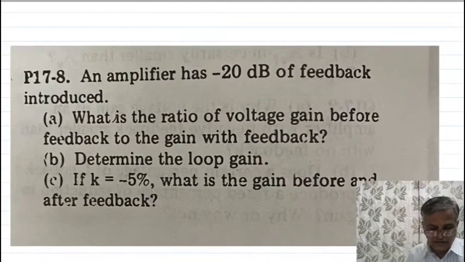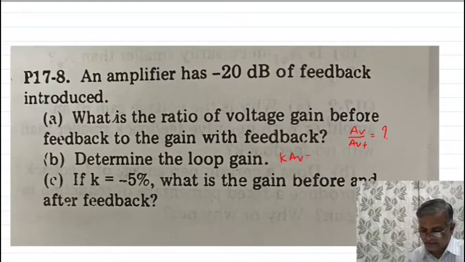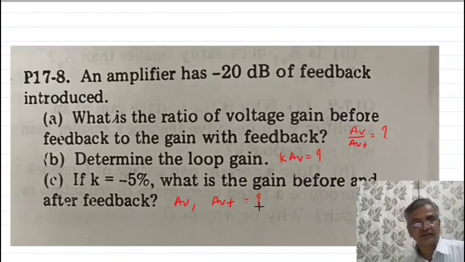What is the ratio of voltage gain before feedback and gain after feedback? Determine the loop gain. You know the product of K and AV is called loop gain. Third, if K is minus 5%, what is the gain before and after feedback? Means you find the gain AV and AVF. These are the questions.